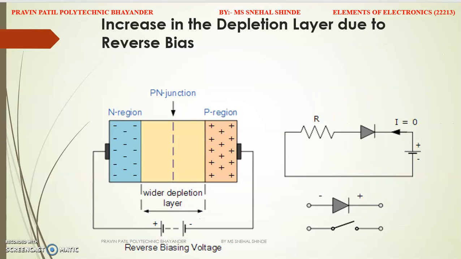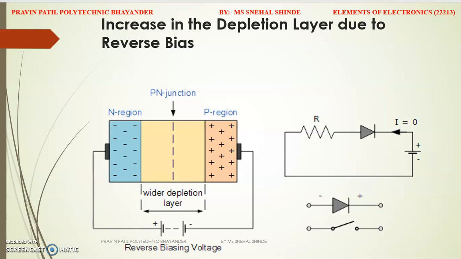Next is the reverse bias of the PN junction diode. You can see in the figure, if the P region of a diode is connected to the negative terminal of the external DC supply and the N region is connected to the positive terminal of the DC supply, then the diode is said to be reverse biased.